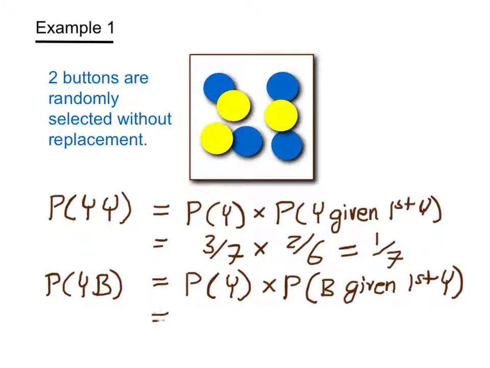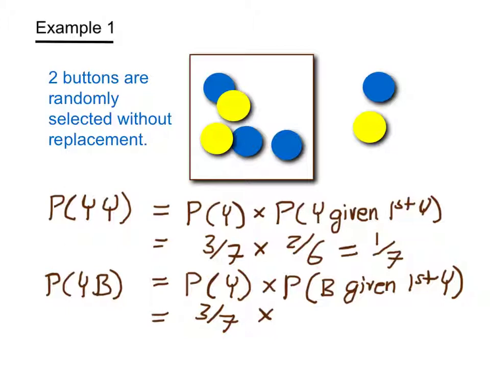So this problem starts out very much the same. We have 3 out of 7 buttons are yellow. We take 1 out. And now the probability of drawing a blue button is 4 out of 6. And when we multiply these 2 together, we get 2/7.